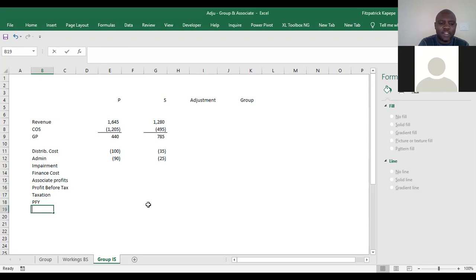And if there is any revaluation, we'll have revaluation here. On the revaluation, it's showing 115.